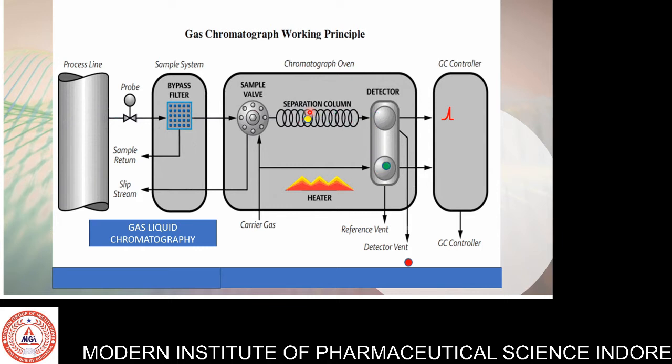The column is heated up to 250 degrees Celsius, which converts the liquid sample into gaseous and vapor form. This signal is detected by detectors, the detectors give signals to the recorder, and the recorder displays the graph of the separated mixture.